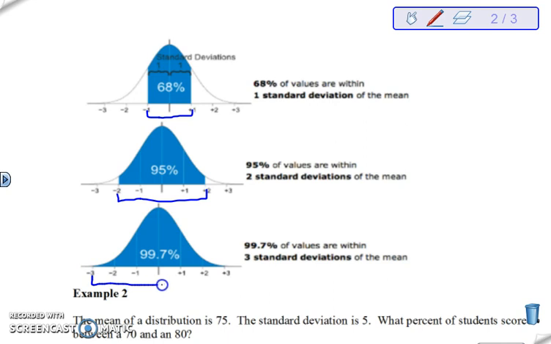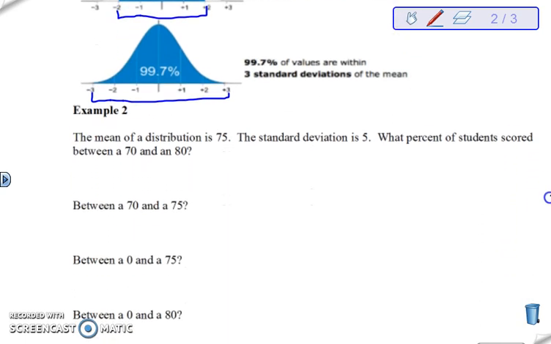And then 99.7% is represented by 3 standard deviations. So you can kind of see how we're using our standard deviation to break up the curve, to break up our data, and we can use those percentages then to calculate the probability of finding certain values in certain ranges given our data.